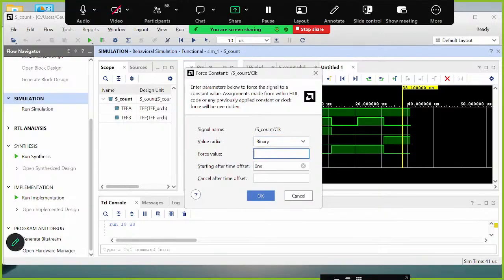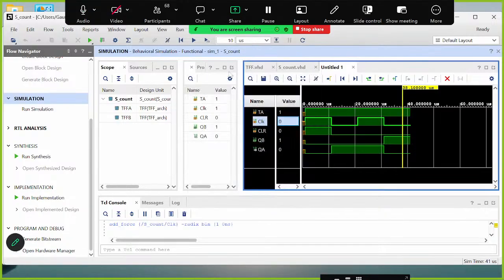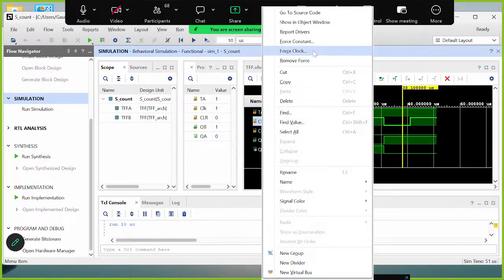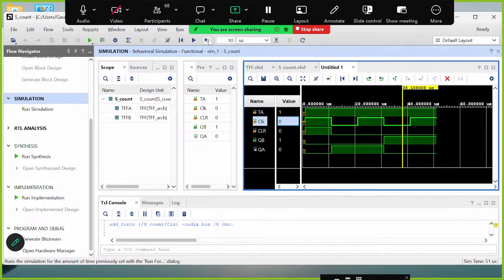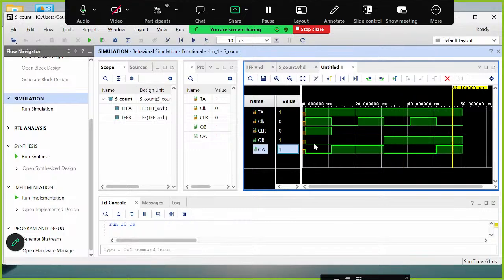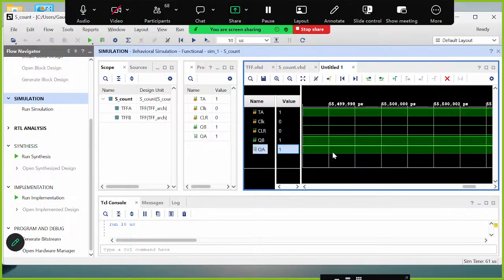So you can see again, make it 1, run for a specified time, and again make it 0. Okay, and run for a specified time. So now you can see both the outputs are 1 1. If I sweep from here to here, you can see 0 0, 0 1, 1 0, and 1 1. You can check these outputs, right? Again, let me show you how these are changing.